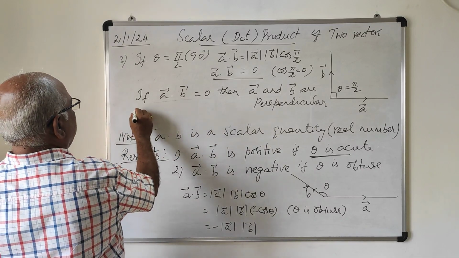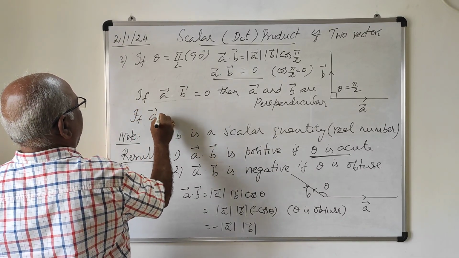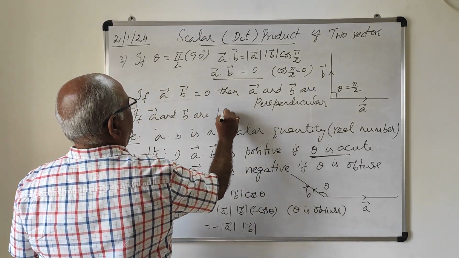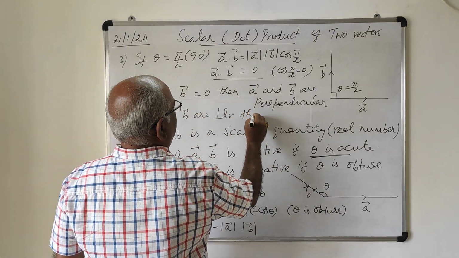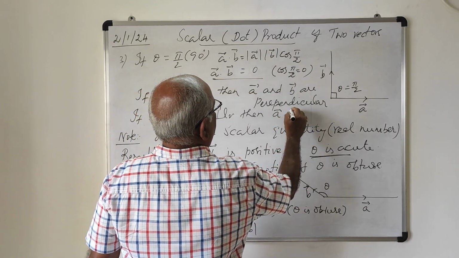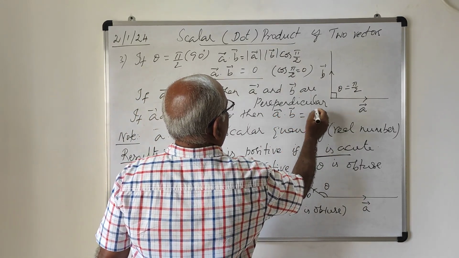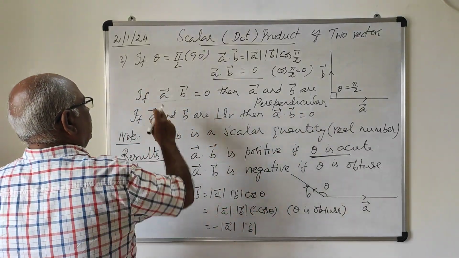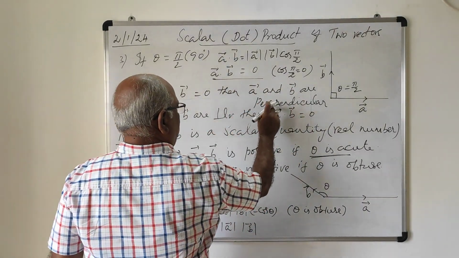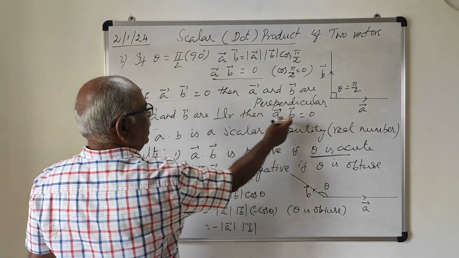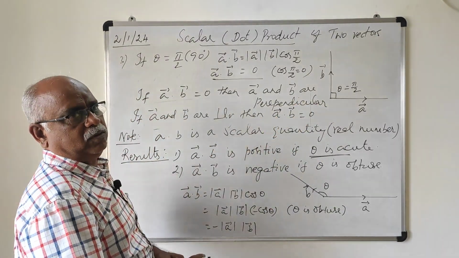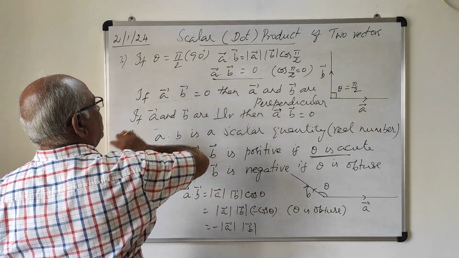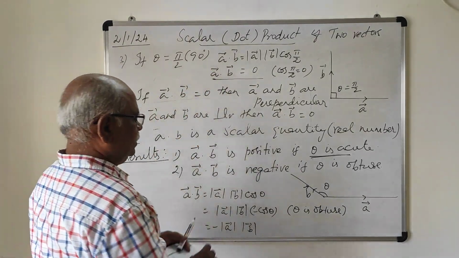That is, if A and B are perpendicular, then the dot product A dot B is 0. If A dot B is 0, A and B are perpendicular. If A and B are perpendicular, then A dot B is 0. The converse is also true. So if theta is 90, A dot B is 0. This is another case.